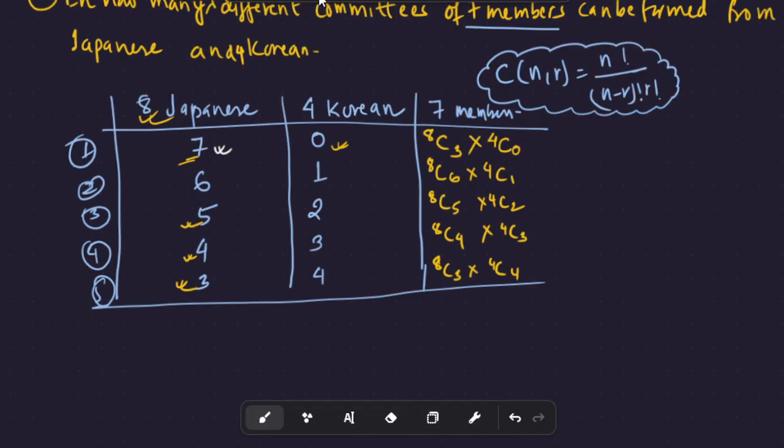Now, what will be the total number of ways then? These all are different options. Either we can go with option number 1 or 2 or 3 or 4 or 5. These are options for us. So if there are different options, then the total number of ways will be the sum of all these options, right?